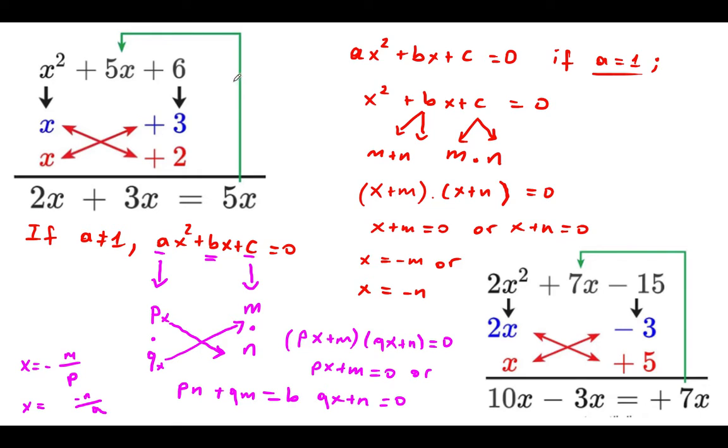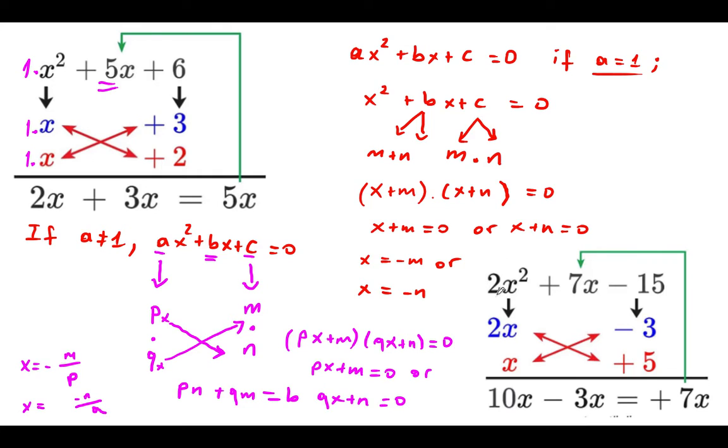For example, in the first case where a is 1, it's the same: 1 times 1, 3 times 2, and the cross products 1 times 2 is 2, 1 times 3 is 3, 2 plus 3 is 5, so x plus 3 times x plus 2.